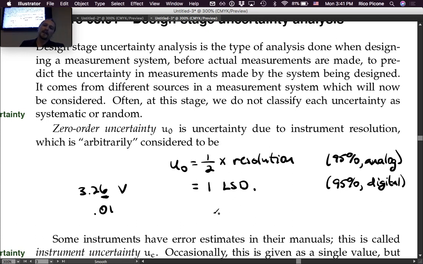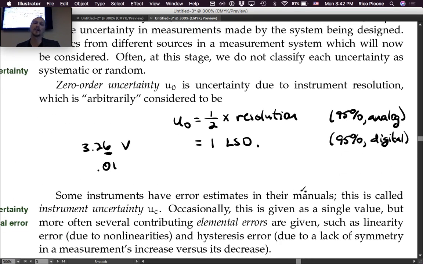A lot of this comes down to being able to look it up in the manual, because that is primarily the source of how we estimate uncertainty in the design stage. There is a resolution associated with a device. Almost all devices, especially analog devices, will have a mention of resolution. If it doesn't have any mention, oftentimes we just ignore that in our design stage uncertainty estimate.